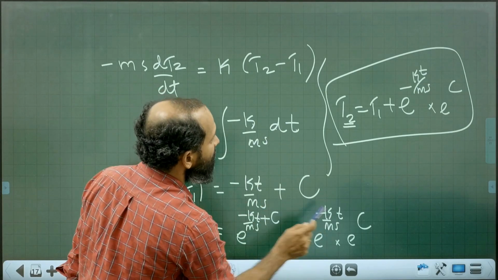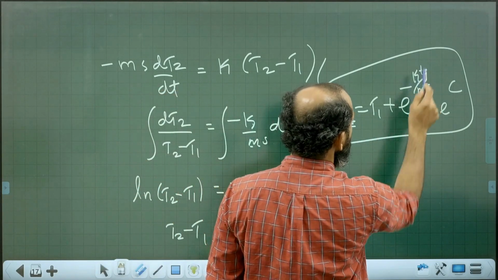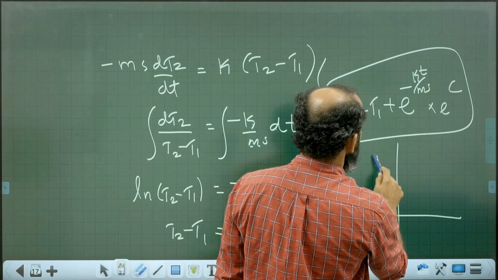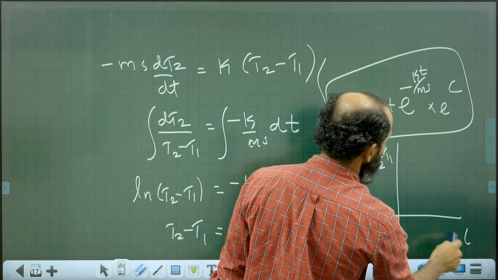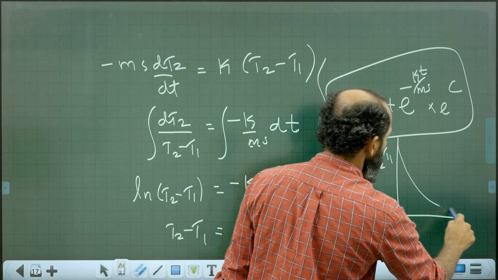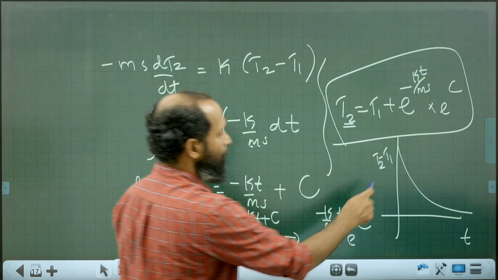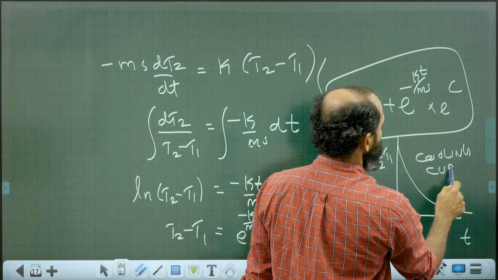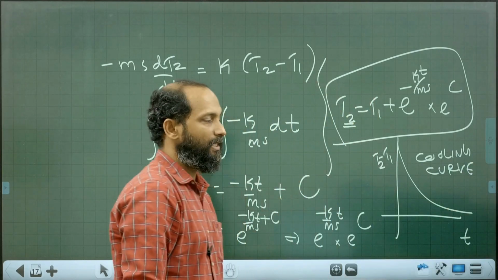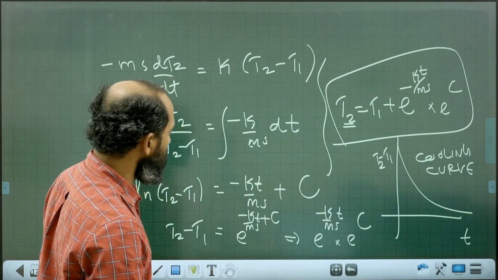So if you plot T2 or T2 minus T1 on the y-axis and t on the x-axis, you get a graph showing exponential decay, and that is called the cooling curve. Newton's cooling curve shows an exponential decay.